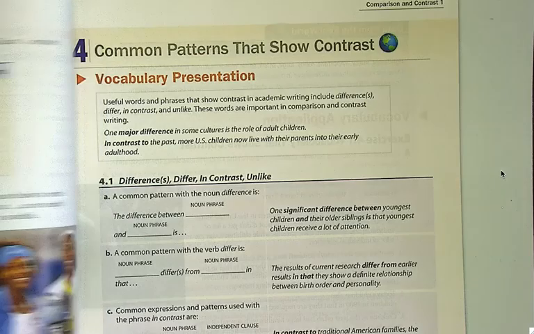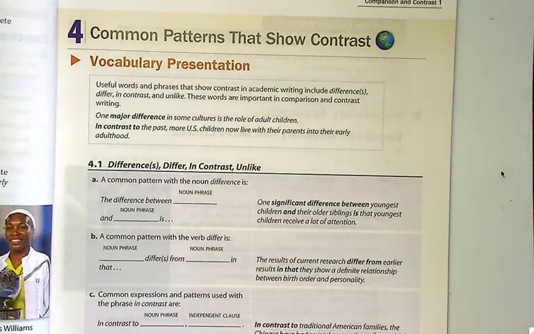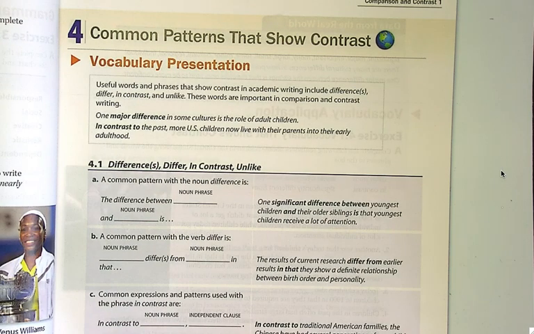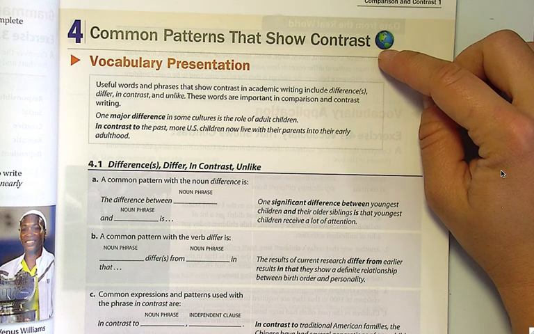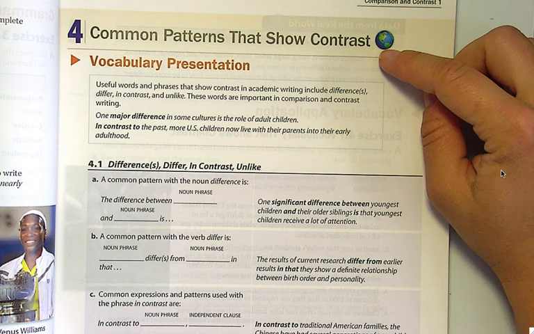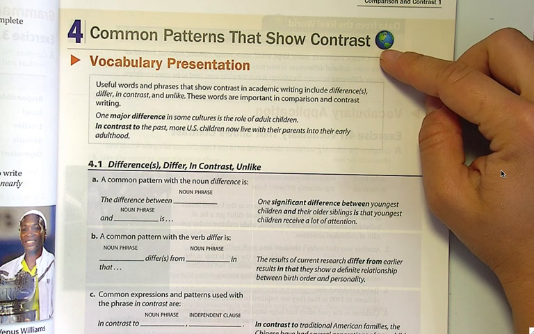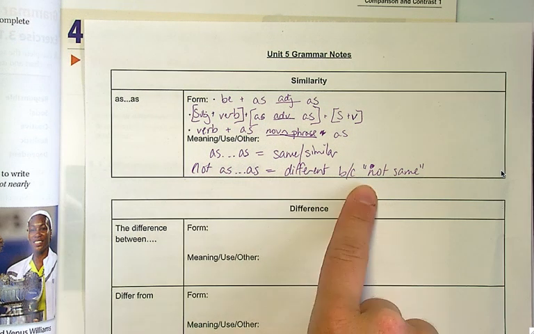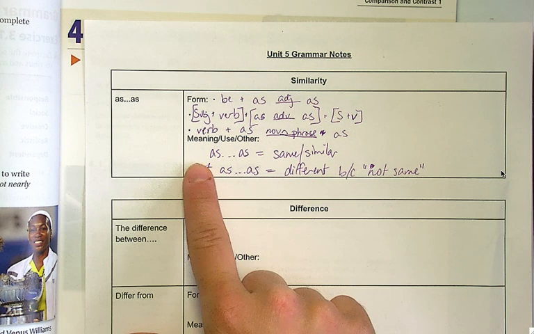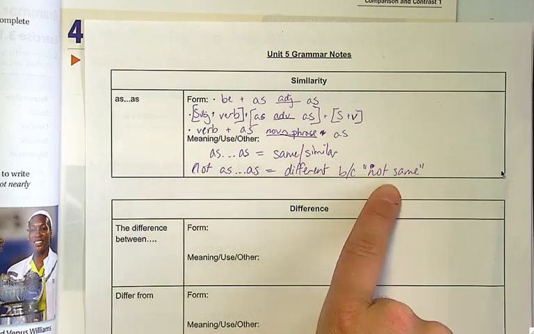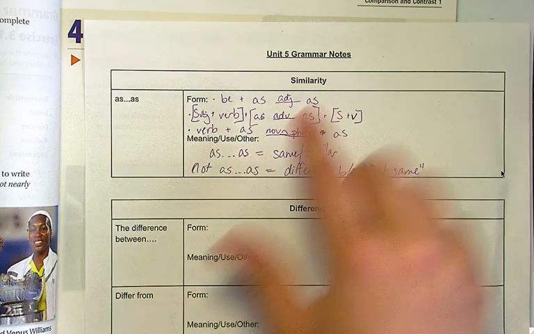We're moving on. The next part of this chapter is common patterns that show contrast. Contrast means differences. So we can use as to show similarity. We can also use not as to show different. But that's because we put the negative, so it means not the same. So this grammar means the same, it shows similarity.